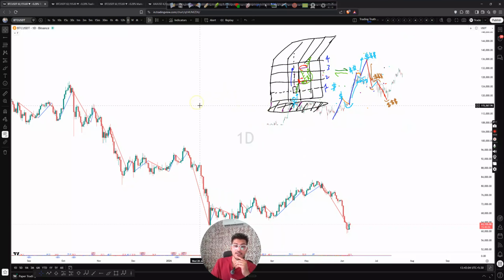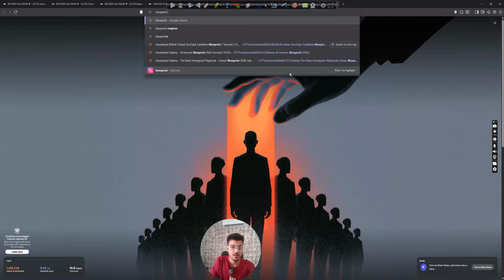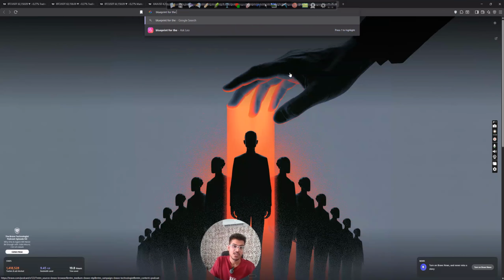So guys, as you have the blueprint, let me search for a blueprint for a multi-story building.